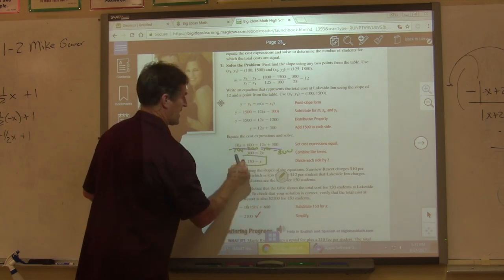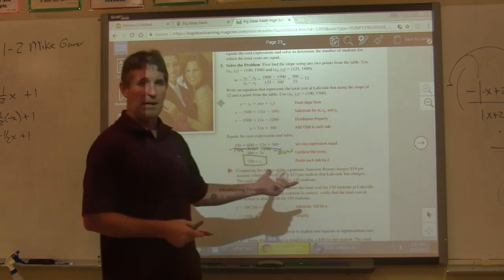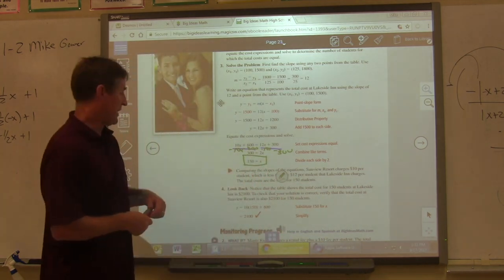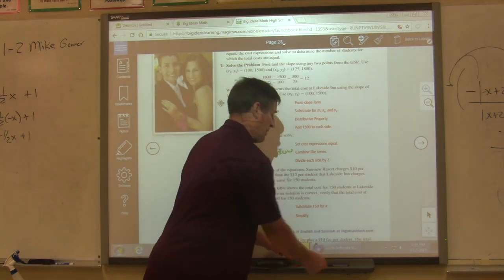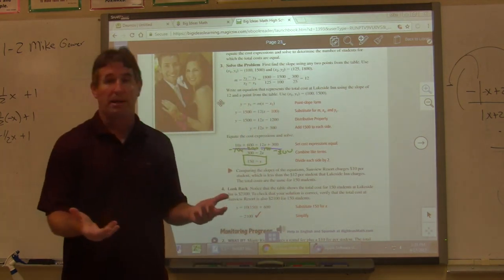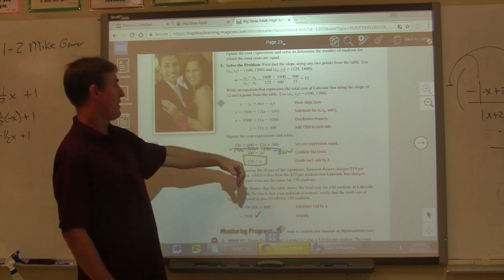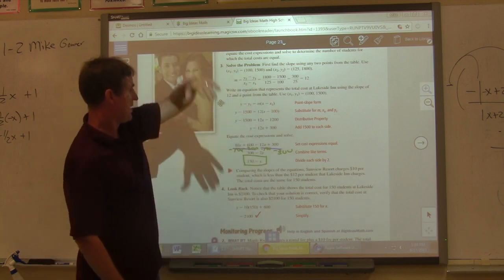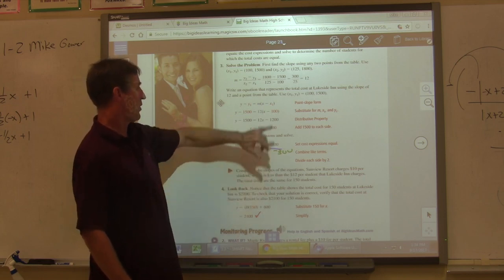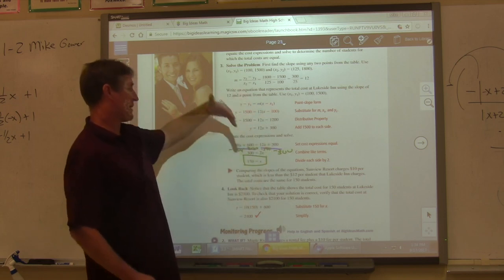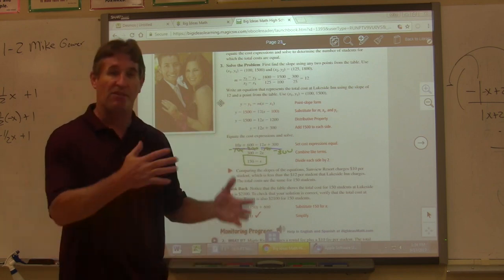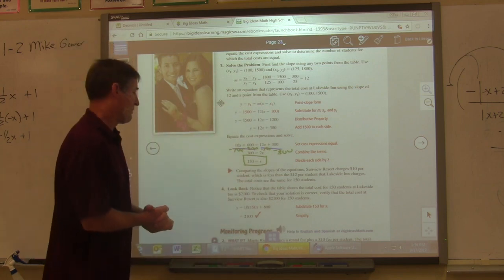So that tells us that at 150 people, it is going to cost the same amount no matter which company you use. So it wouldn't make any difference. But less than 150, it's going to be cheaper with the company that charges $12 per person, whereas the other company would be less once you get above 150. So you have to look at those and see which one's going to be the best deal.